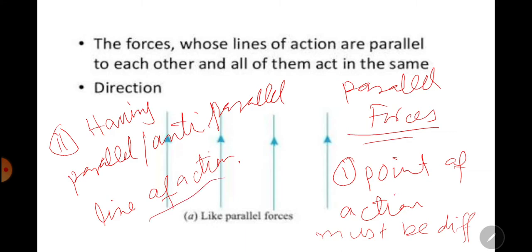So those forces which have different points of action and parallel lines of action are called parallel forces.